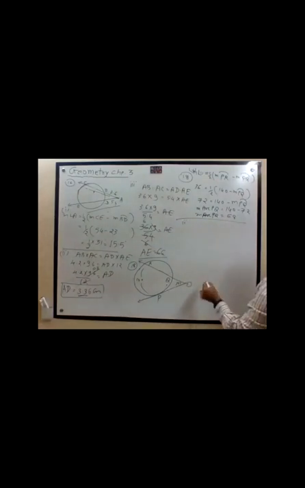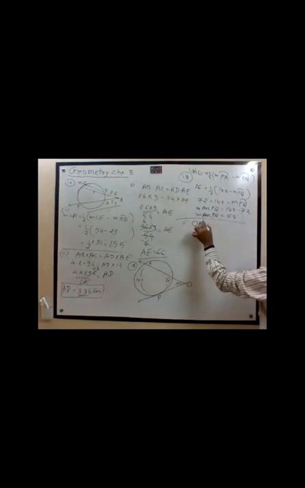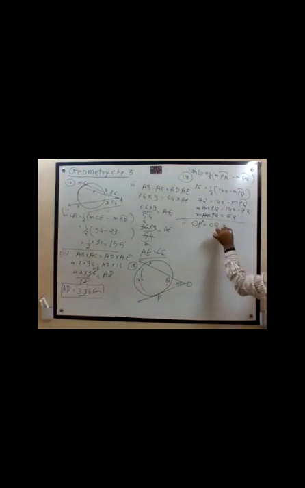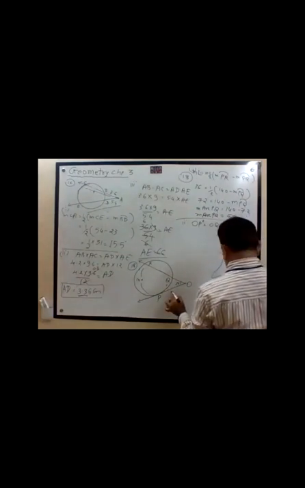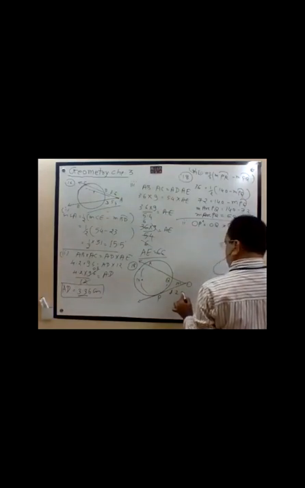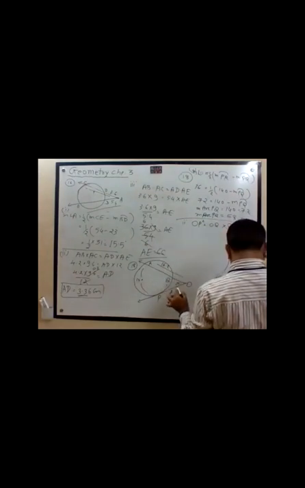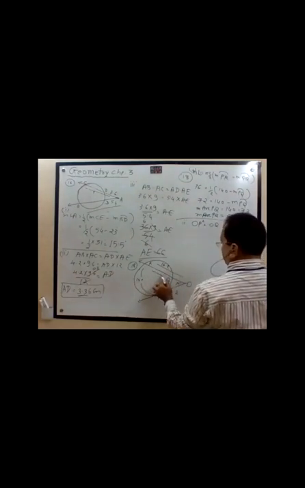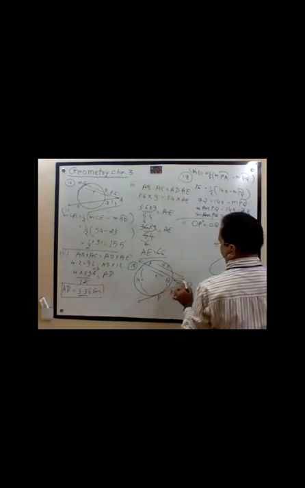Now second, OP square equals OQ into OR. Now, OP is given 7.2. OR is given 16.2. This we want, but first we will find this.